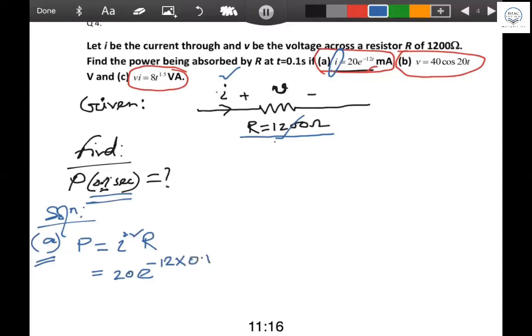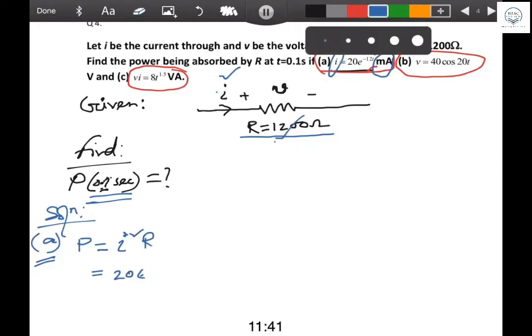That is the time at which you have to find the power. But one thing you remember, this current is in milliamperes, so you need to change the unit first. You have to convert milliampere into ampere.